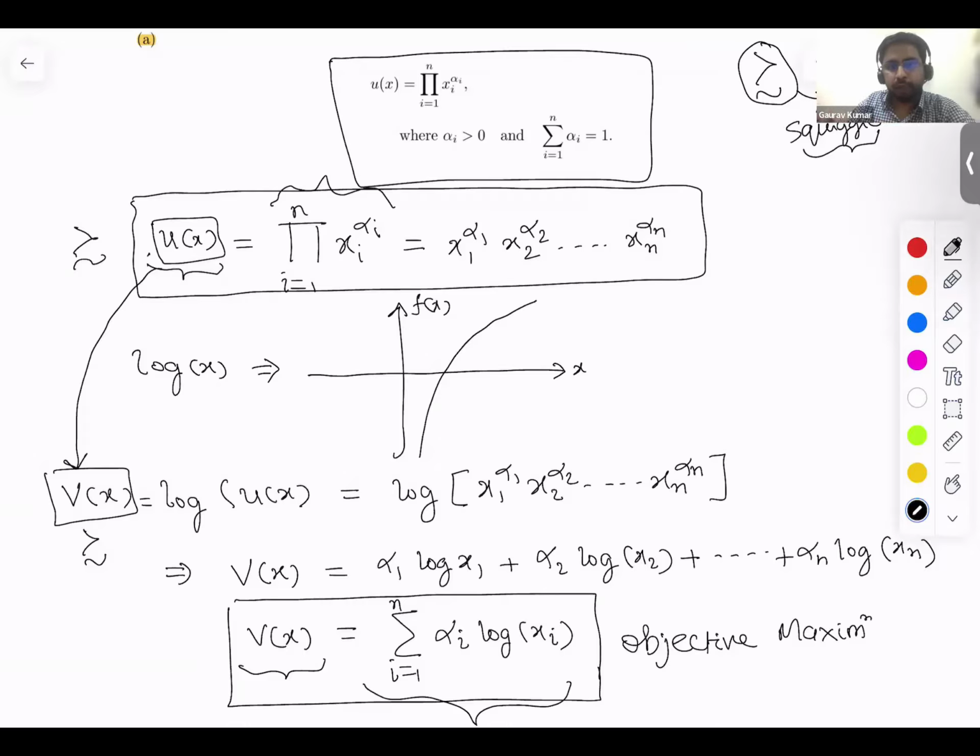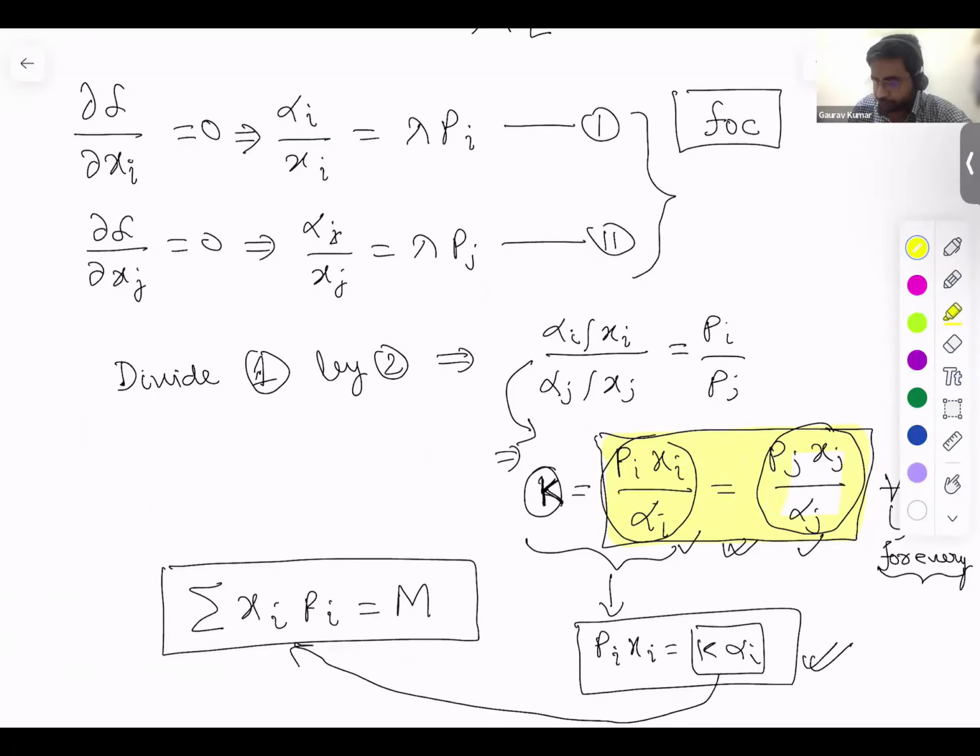You are taking two goods out of it, which are xi and xj. Now the reason you are doing this is because you want to show this equality. You want to show that for any two arbitrary goods you take, this ratio is going to be equal to some constant which is k, and that is why you take two goods out of that n-tuple bundle, and the two goods are xi and xj. Is it fine, Harjot?